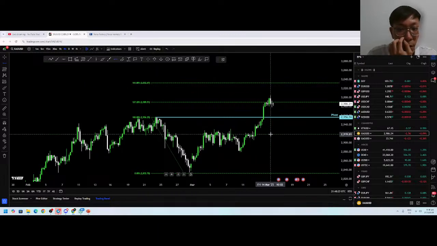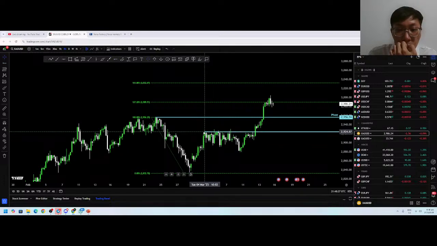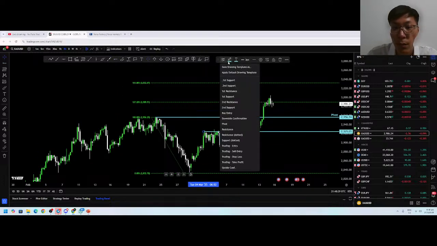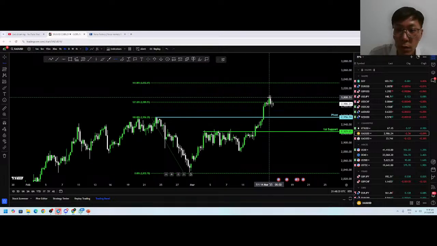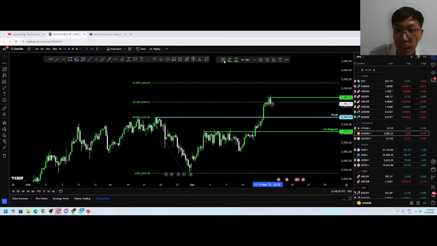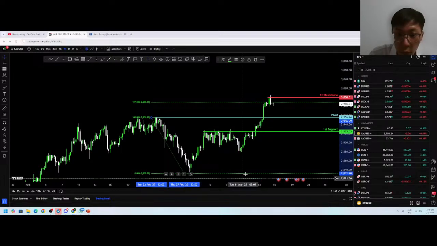Yeah, this is such a nice area. This is a support level. This is our resistance. Okay, we shall put this as 127.2.